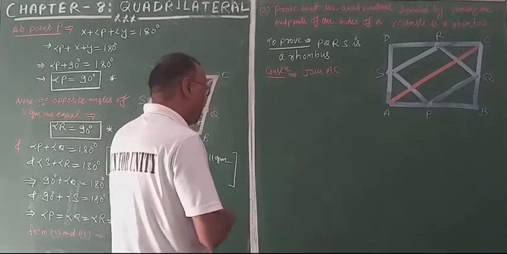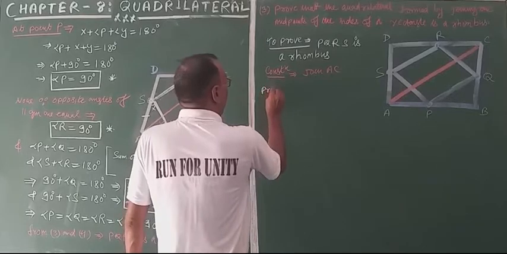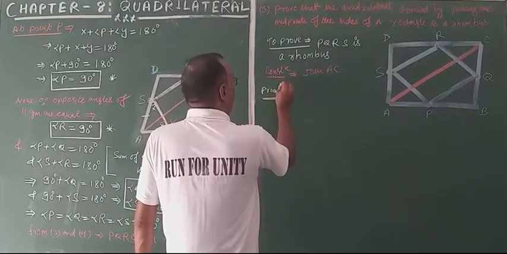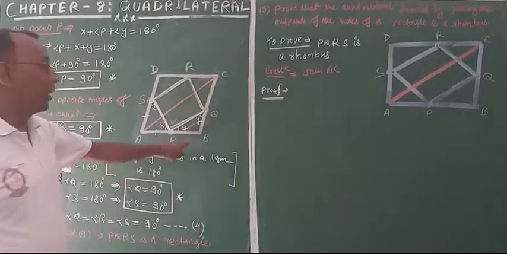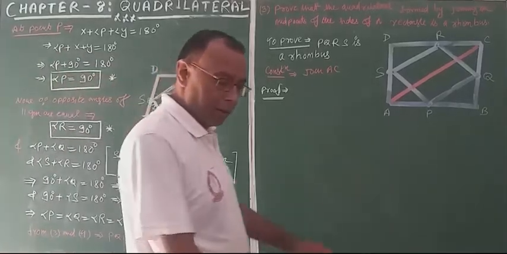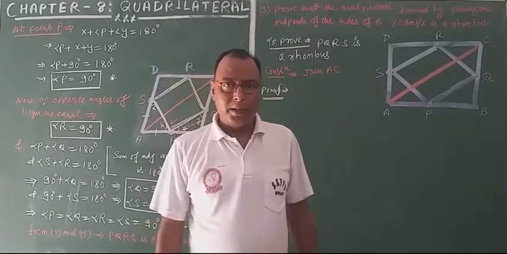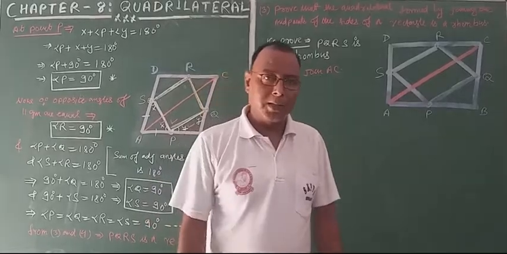And now just look at the proof. Just look at this question and this question. And just remember question number 1. What is question number 1? The quadrilateral formed by joining the midpoints of the sides of a quadrilateral is a parallelogram.